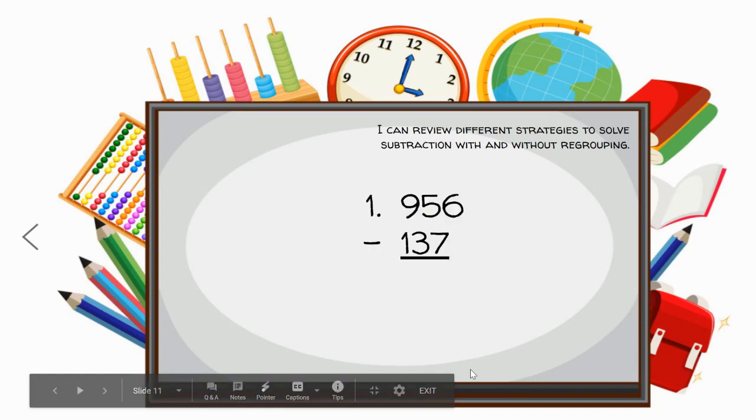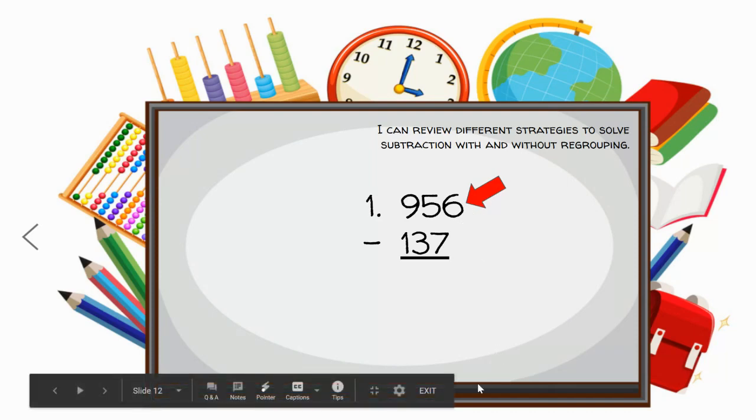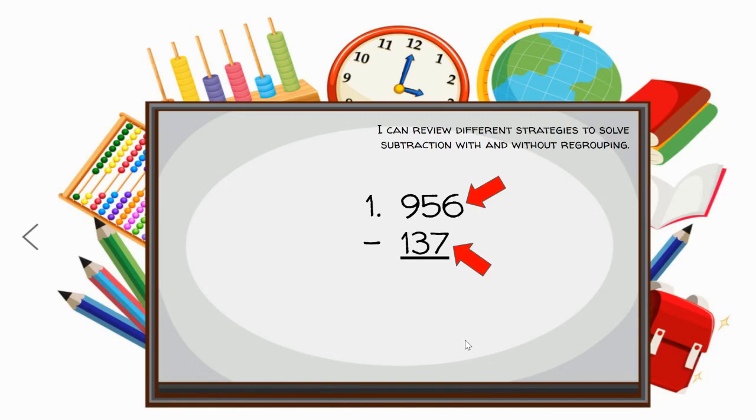The first one is 956 minus 137. What is the first thing I need to check when I'm doing a subtraction problem? I'm going to start in the ones place and check if this number is bigger or smaller than the number below it.